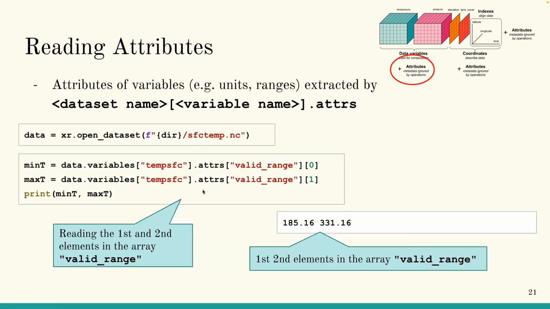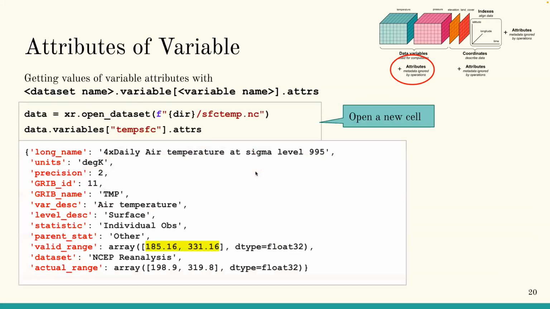So how do we read the attributes? Most of the time we don't need to read them, but here is just showing you how. Again, it's data.variables, referring to a certain variable using the string, then attrs, and then you can use a bracket again to refer to a certain attribute. The valid range is in here. I've highlighted that. You can see that they are all inside quotes, which means they can be referred to by the string.